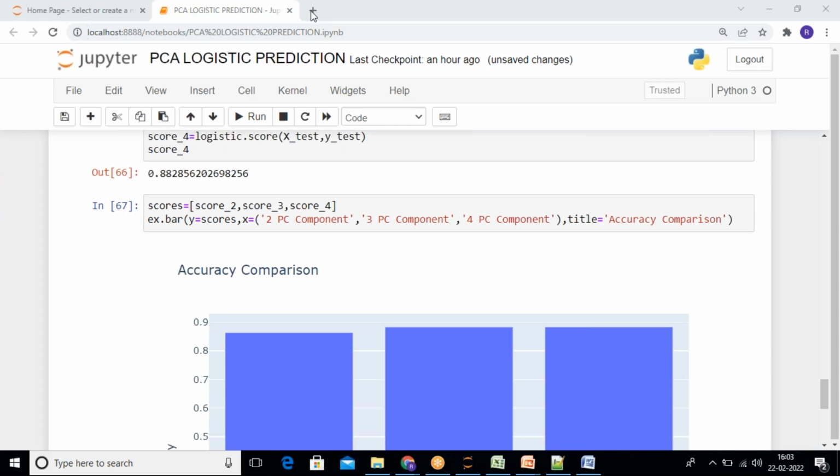Which class was this? This was GIS class 8, right? PCA logistic. So I have sent the data set, I am sending this IPYNB file, and I am sending the PCA tutorial that I have made for you.